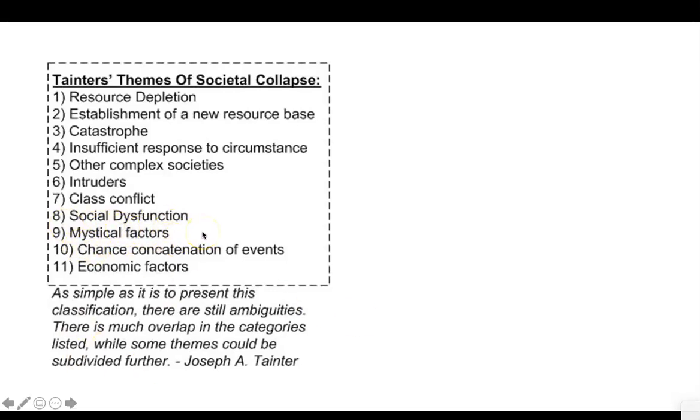Mystical factors. This is something people don't always think about, but this is something I've really become fascinated by, and that's as societies go through periods of, if not collapse, rapid change, you often see a rise in mysticism, whether in religious beliefs or in other types of faith, like paganism and things like that, the occult, and so on.